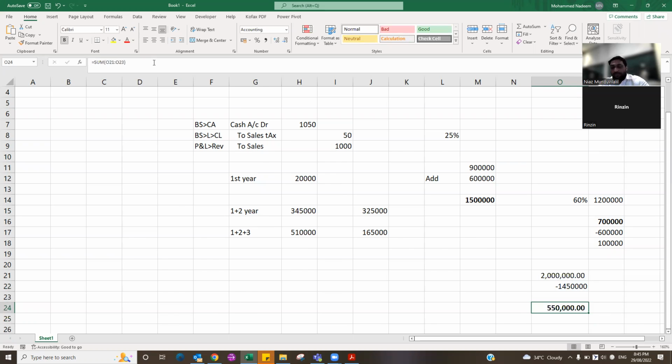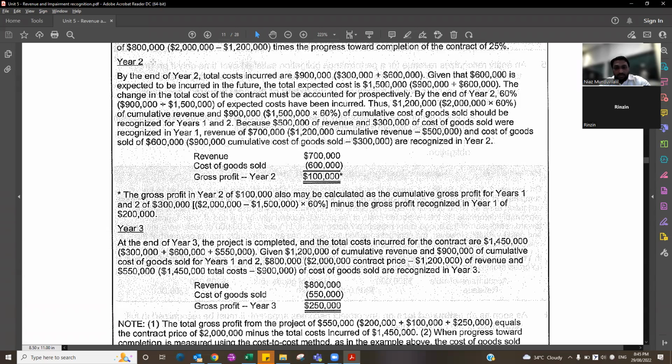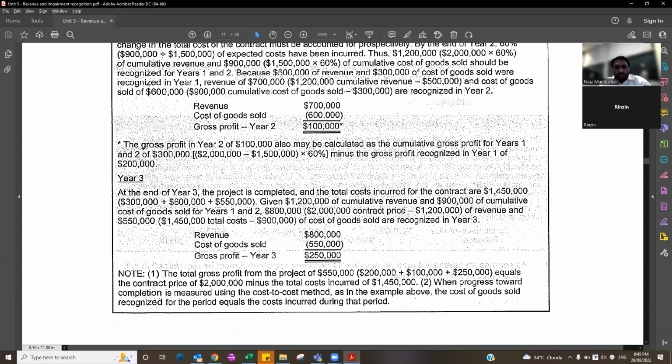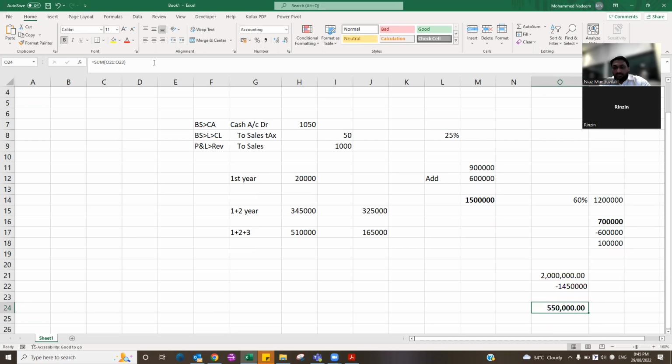Okay. So 550 will be profit. About this, how much you have recognized? The first year, how much you recognize? 200,000, right? First year you recognize 200,000.